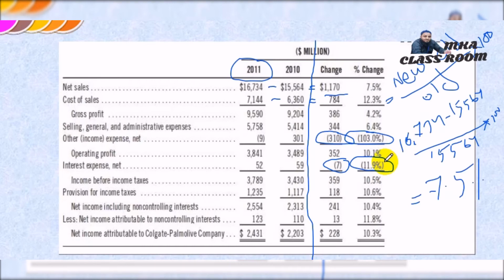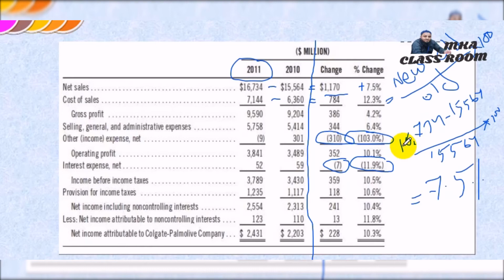Now there is a time for explanation. Your result. Net sales, you see change 7.5%, that is the positive change. Now you can say net sales increases by 7.5% compared to the past year.